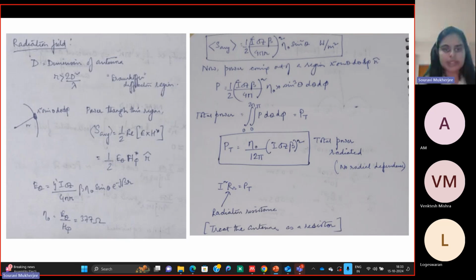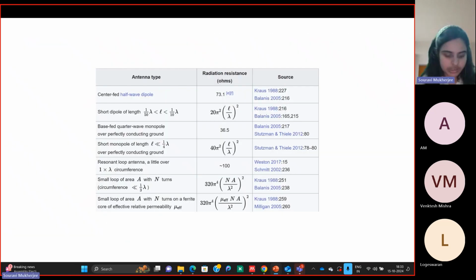Now, based on the dimensions of the antenna and the wavelength of the signal that is being radiated, your expression for the radiation resistance would be given by these different relations. And there is a very good book by Kraus and Balanis, which I think is also what was suggested in the class.